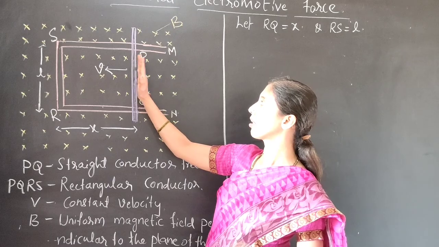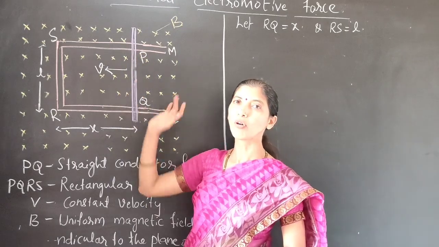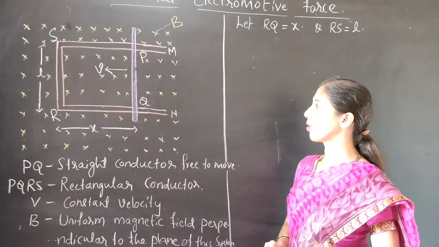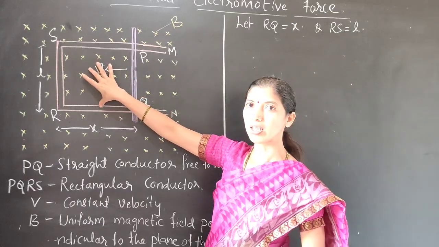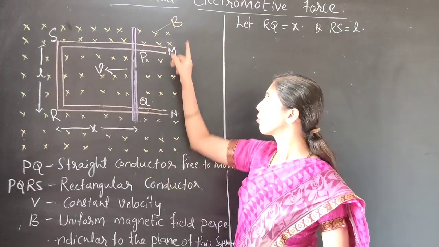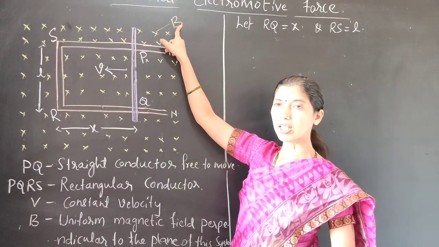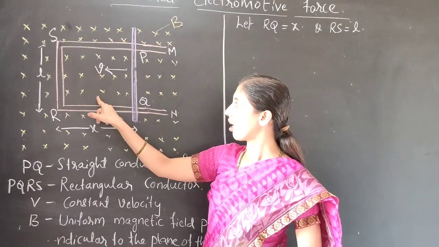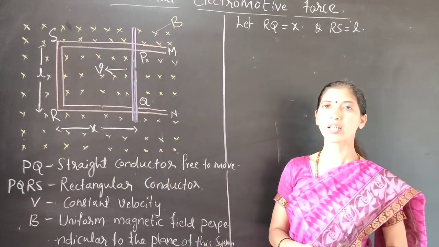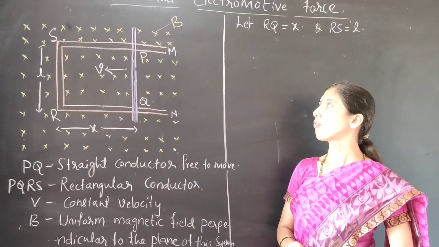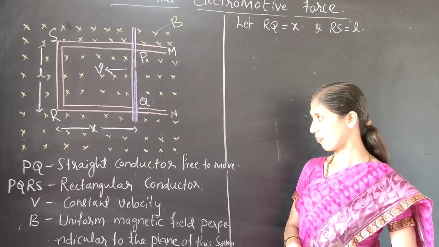Only this part is possible to move. Now this rectangular conductor is placed in a uniform magnetic field B, which I have shown with a cross mark here.